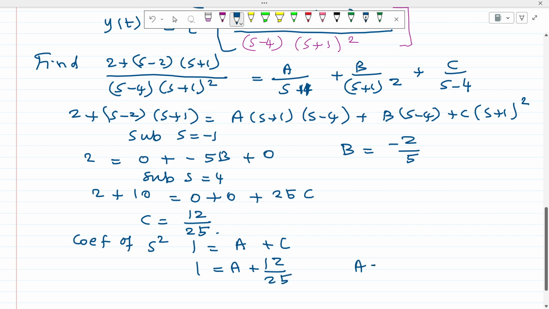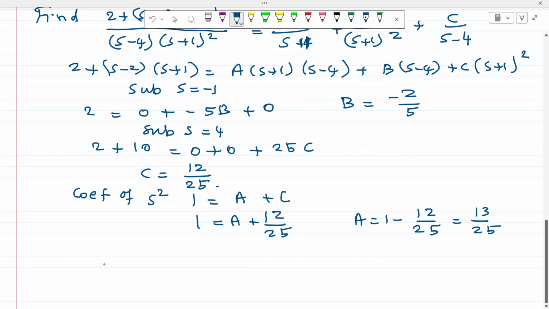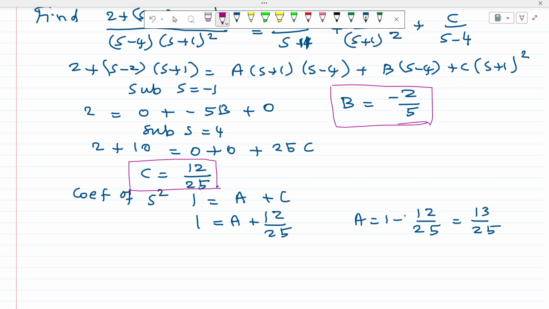So A equal to 1 minus 12 by 25, that means 13 by 25. Simple, no? Put one rectangle box for those important values. Okay, so here A equal to 13 by 25.